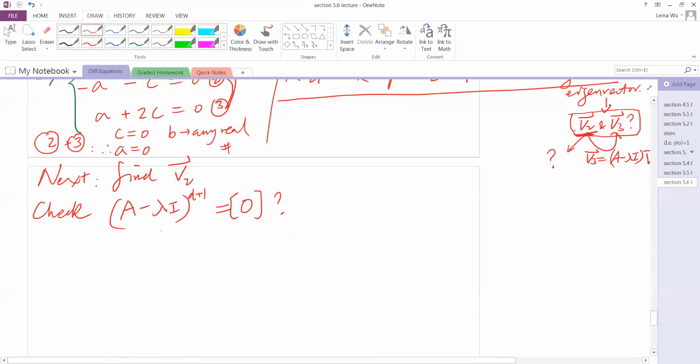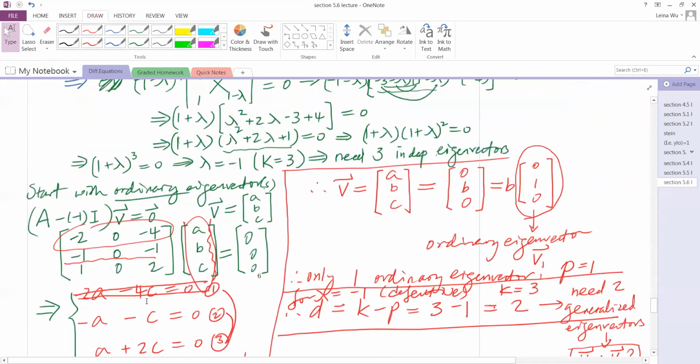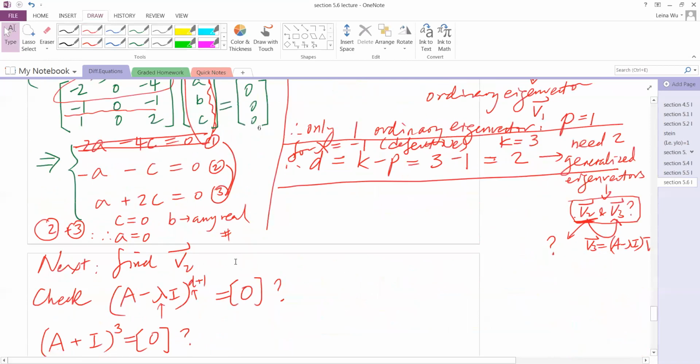Let's plug in our lambda and our D. So we have A plus I raised to the 2 plus 1, because D currently is 2, so raised to the third. Does it equal the zero matrix?